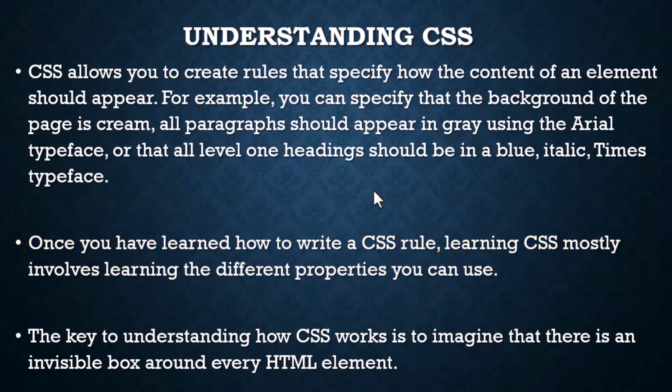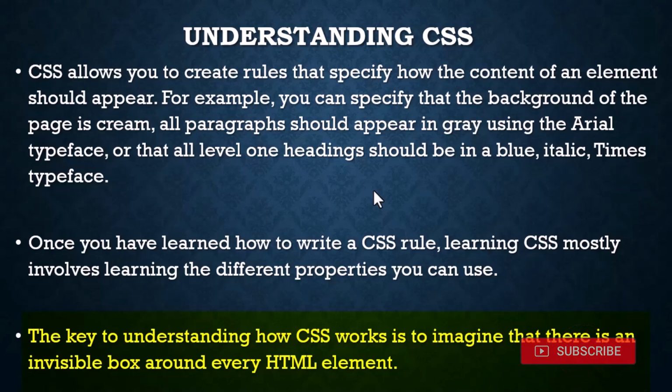Understanding how CSS works is also to imagine that there is an invisible box around each element. We told you in the first bullet point that it allows you to specify the content of an element, so you can decide to pick headings. You should assume that there is a box surrounding all your headings or all your paragraphs or all your images.